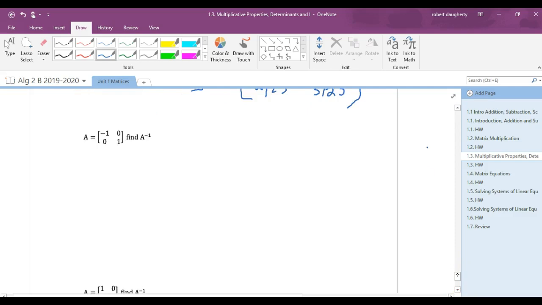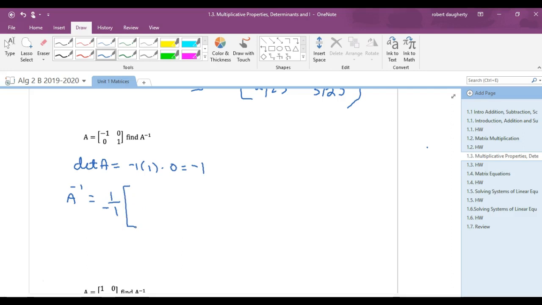Somebody tell me, okay, what's the determinant here? Yeah, it's going to be negative 1 times 1 minus 0. That's negative 1. So the inverse is going to be what? 1 over negative 1, and then how do I switch to get the adjoint matrix?